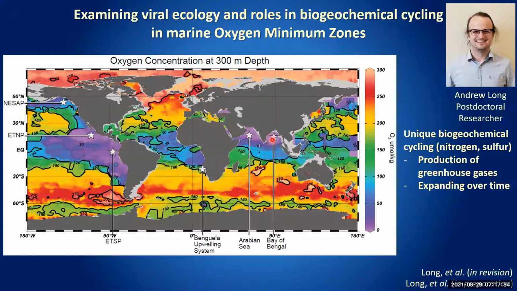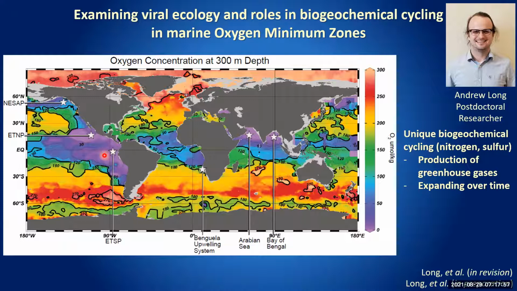So we have these vast regions of the world's oceans that have little to no oxygen down in the middle of the ocean. And when we take away oxygen, we have unique biogeochemical cycling because, of course, there are microbes that are adapted to exist at low or no oxygen concentrations.